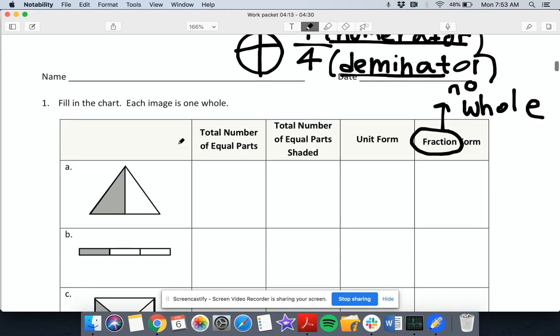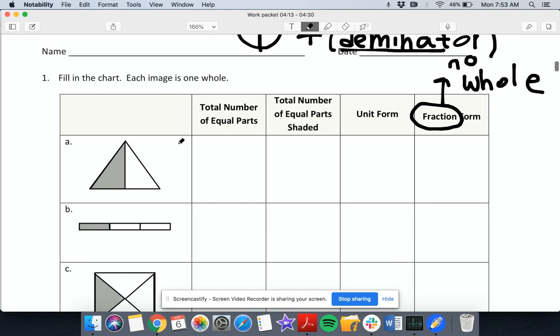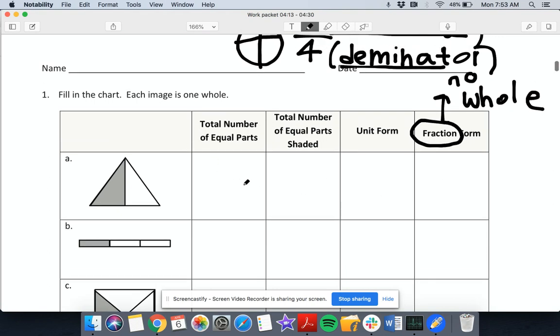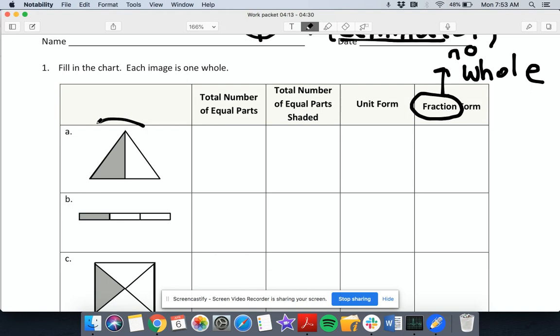Okay, so let's move on to this problem set. So there's 4 boxes here, so 4 questions, okay? And we are going to use this first triangle diagram for problem number A.